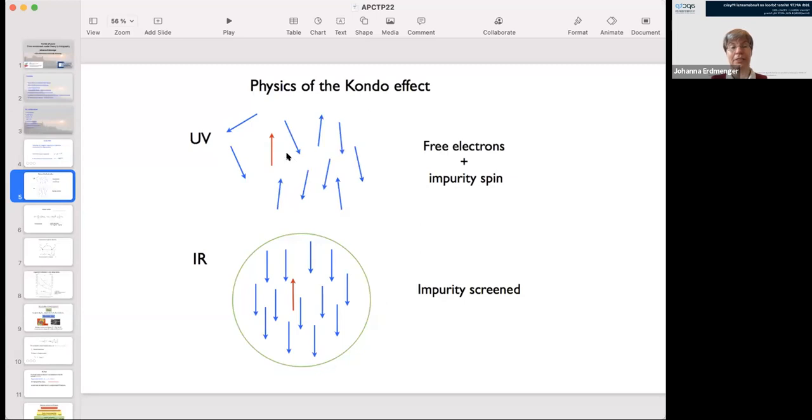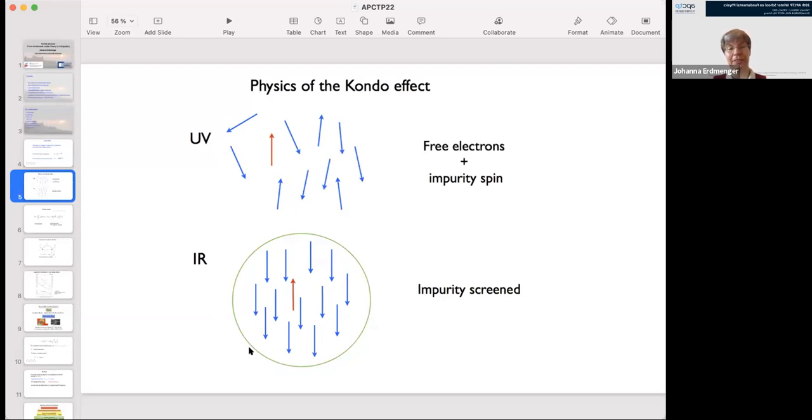So at very high temperatures, there's actually no interaction in this model. Now, however, once there's an RG flow to the infrared, which means very low temperatures, then these electron spins align such as to hide this impurity spin, which is here in the middle.